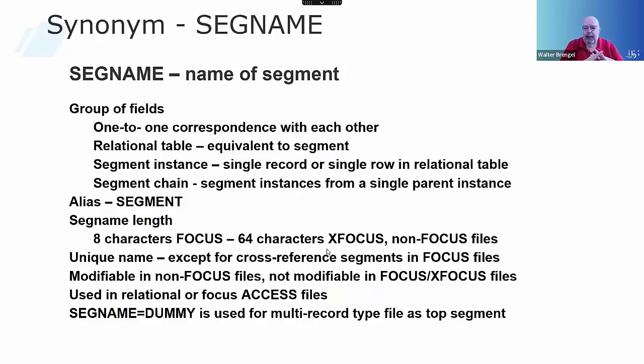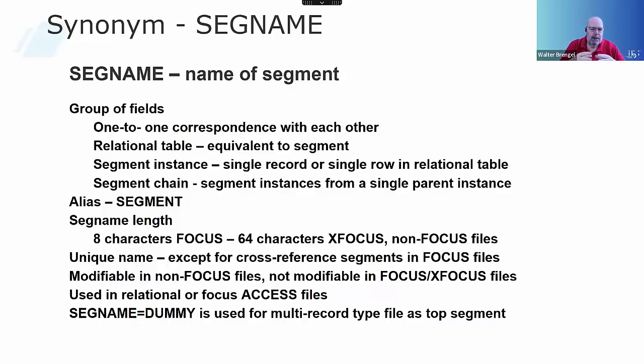So the segment name identifies a group of fields. Each segment has a one-to-one correspondence with each other. The alias of seg name is segment. For a focus database, you're limited to 8 characters.